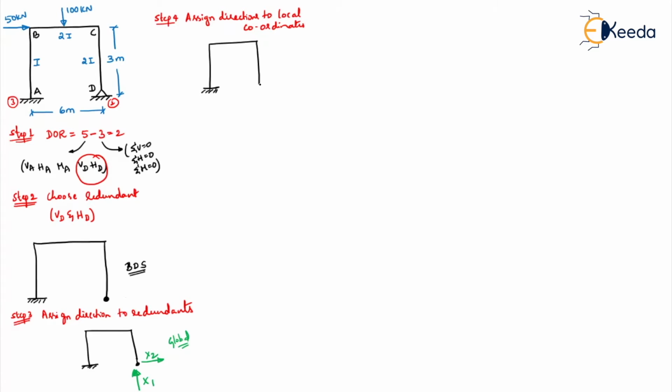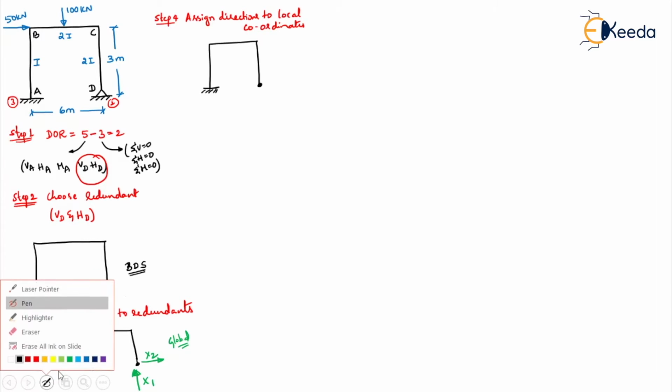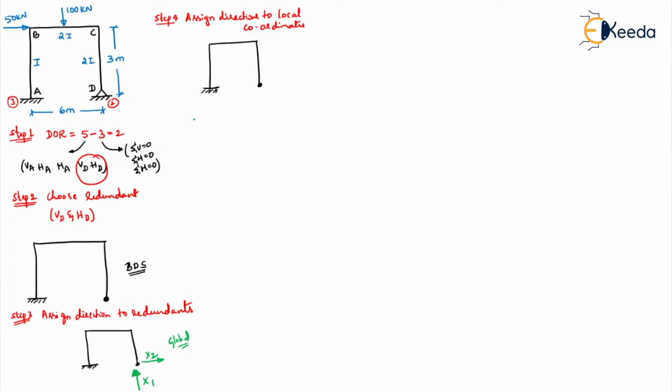There are 3 members, so you have 6 local coordinates. So let us give the direction for each one. So this direction also is your wish. You can choose the way you want. Okay, so 1, 2, 3, 4, 5 and 6. So these are the 6 local coordinates we have.